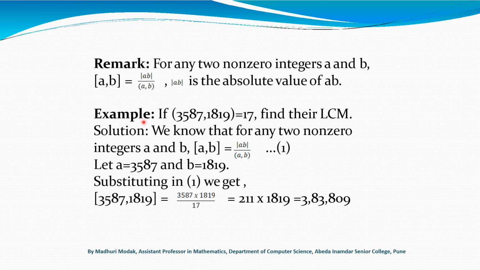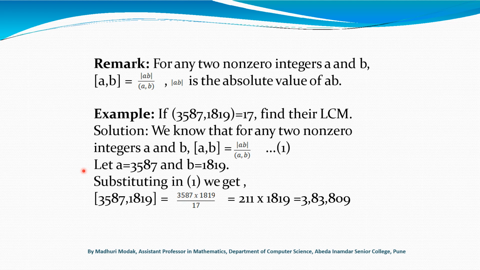Now in this example, GCD of 3587 and 1819 is given as 17, and we have to find their LCM. GCD is given, two integers are also given and we have to find their LCM. So we are using directly this result that LCM is equal to mod of ab divided by GCD of a, b.